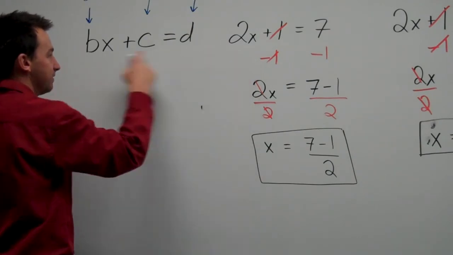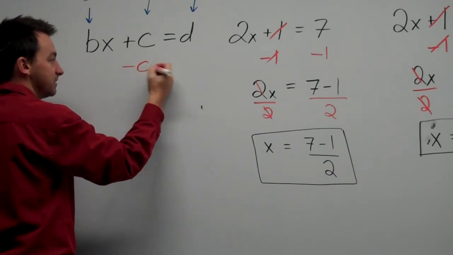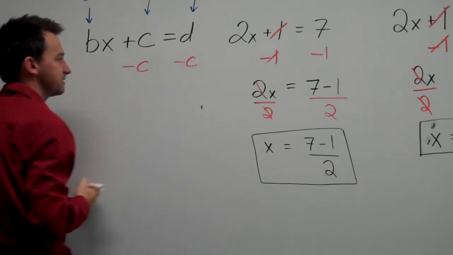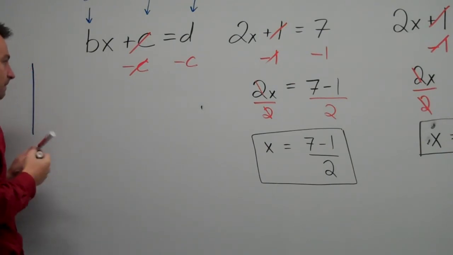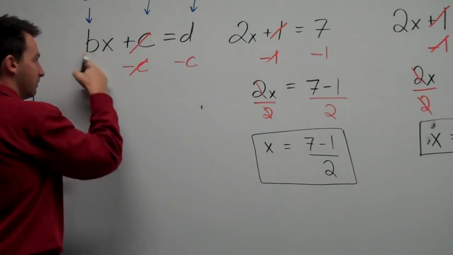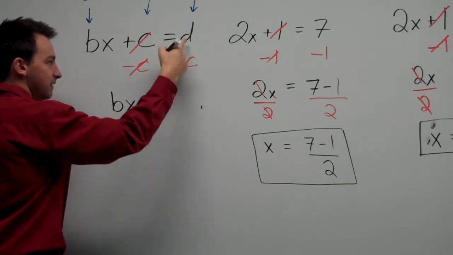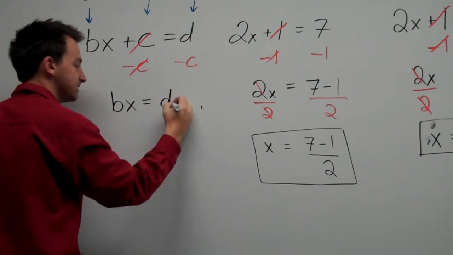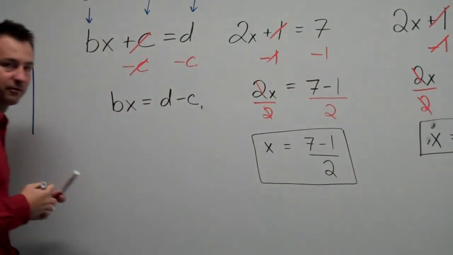So to rearrange this equation, we are going to do exactly the same steps as we did here. We're going to subtract the thing that is added to the x first. So we're going to subtract c, not a 1, but that's okay. And we canceled it out. We still have b times x on this side. And we went d minus c. And I'm just going to write it d minus c, the same way we wrote it 7 minus 1 over here.